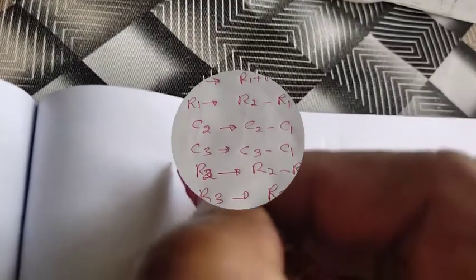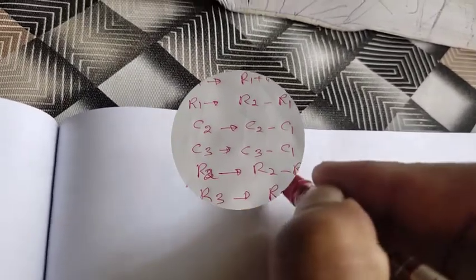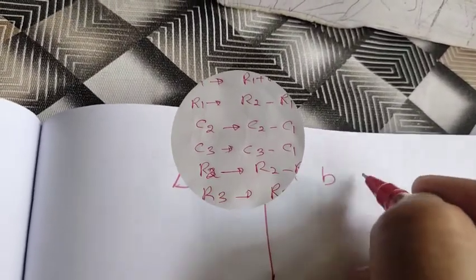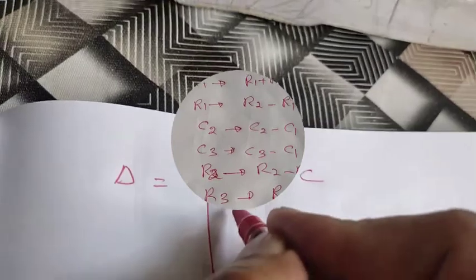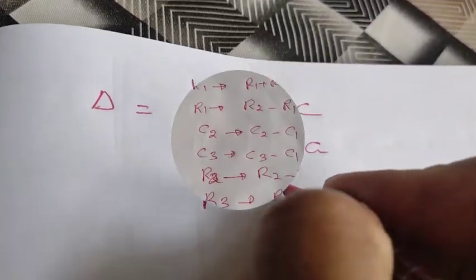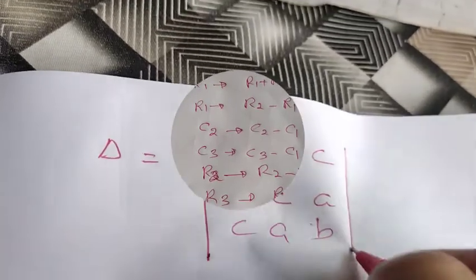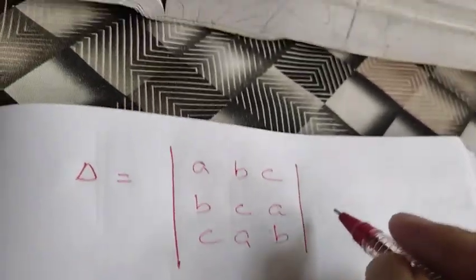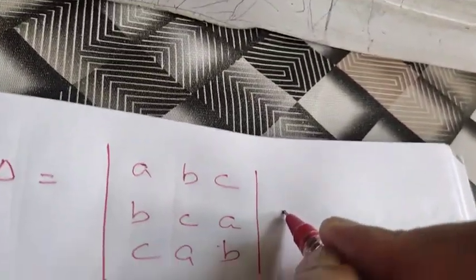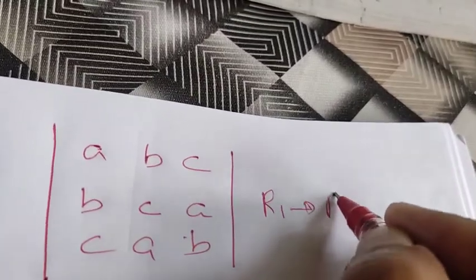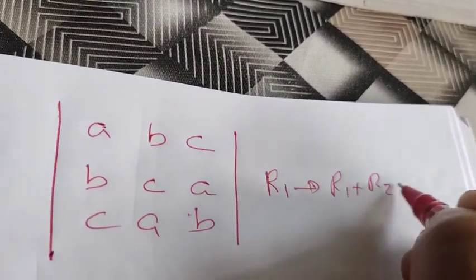Let us see an example. If delta is equal to the determinant with rows A, B, C; B, C, A; C, A, B. We will take another delta dash. As we know, R1 can be written as R1 plus R2 plus R3.